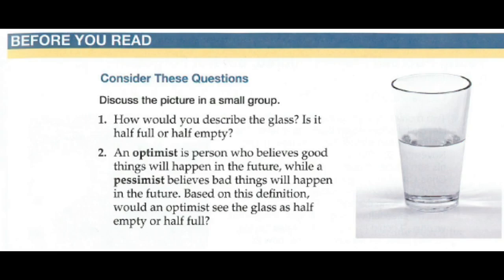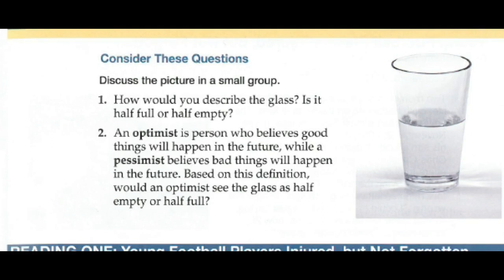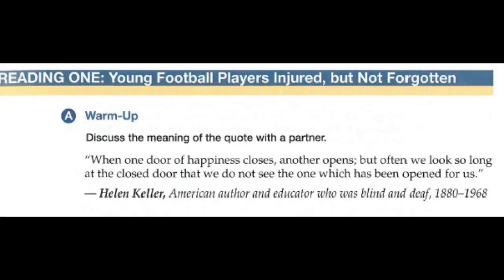Now, let's look at the next quote. So this is a quote from Helen Keller, who was blind and deaf. She lived from 1880 to 1968, and she said, "When one door of happiness closes, another opens. But often we look so long at the closed door that we do not see the one which has been opened for us."